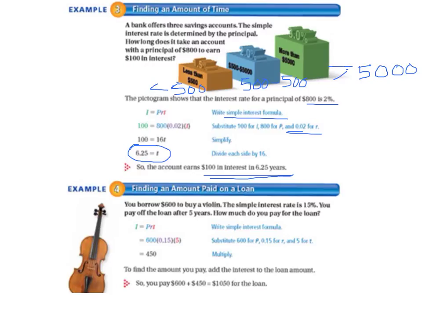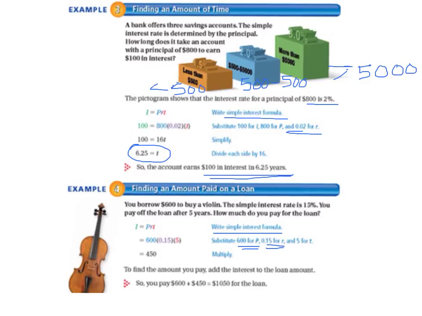Example 4, we're finding an amount paid on a loan. We borrow $600 to buy a violin. The simple interest rate is 15%. You pay off the loan after 5 years. How much do you pay for the loan? So we're going to write the simple interest formula, and we substitute $600 for P because that's the principal, that's how much we borrowed, and 15% for the rate.